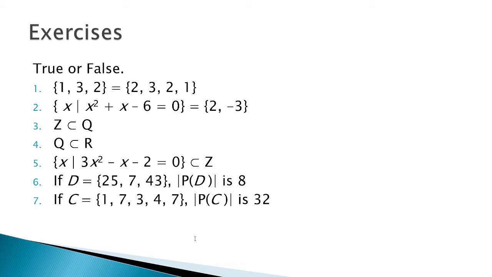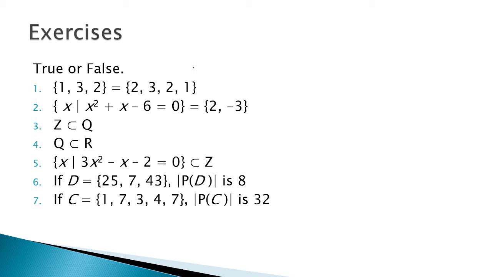Next, number 2. So, we have {x such that x squared plus x minus 6 is equal to 0}. Tapos, equal daw ba yan sa set {2, negative 3}. So, for this one, binigyan tayo ng property for our x. Yung set natin is x such that x squared plus x minus 6 equals 0.